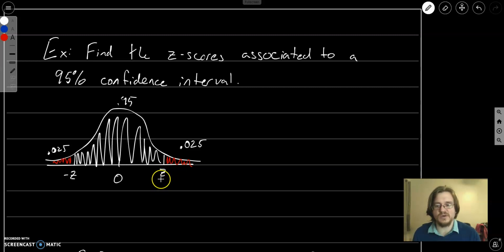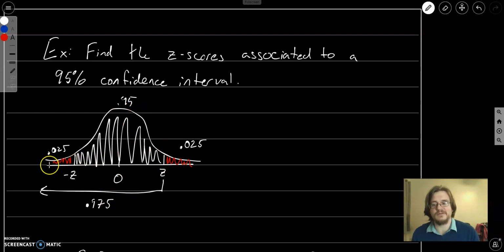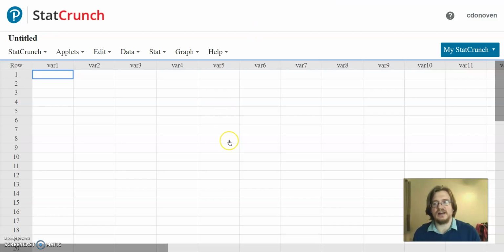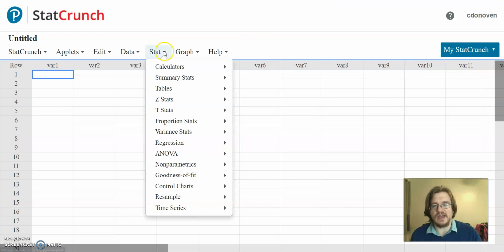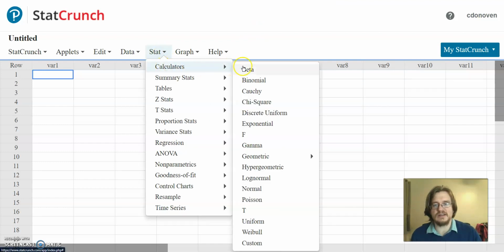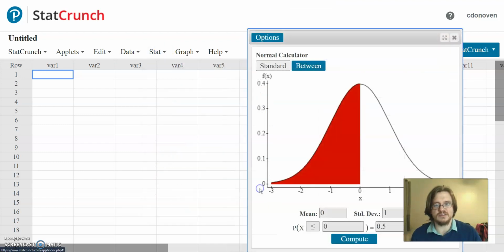And the trick is, normally with a z-score, we're looking at the area, let's say, to the left or right of this. So let's look at the area to the left of this first. How much of the area is to the left of this? It will be 0.975: 0.95 from here to here, and an extra 0.025 from there. So let's go to StatCrunch, and under statistics, we can go to calculators and look at the normal distribution.